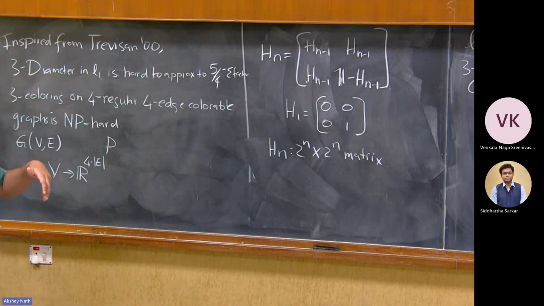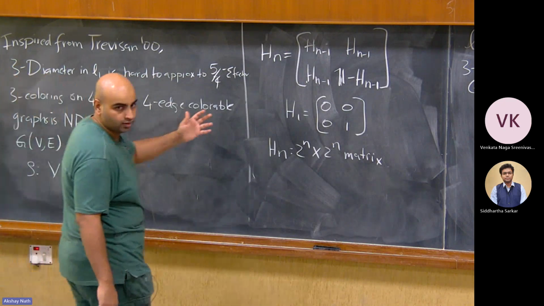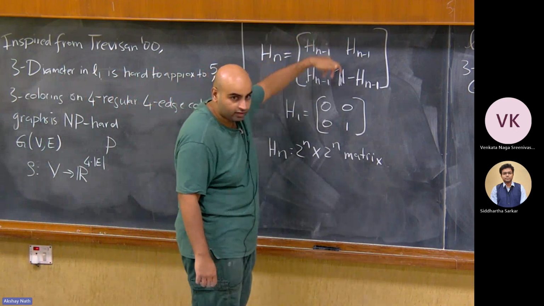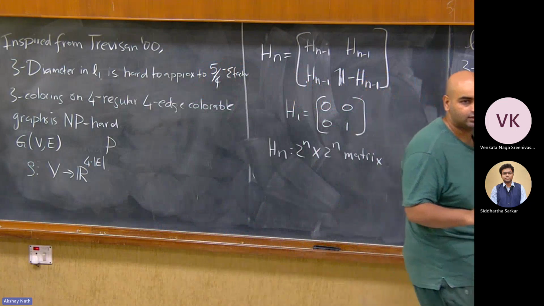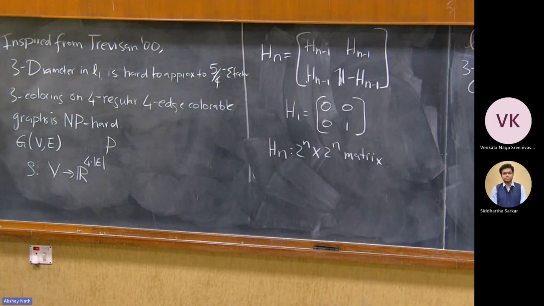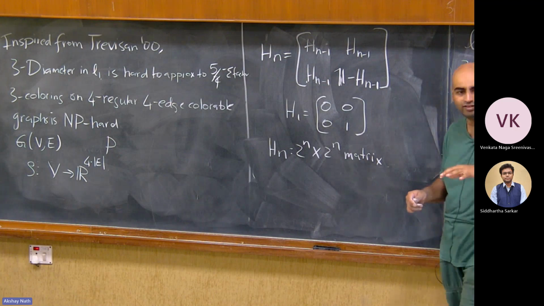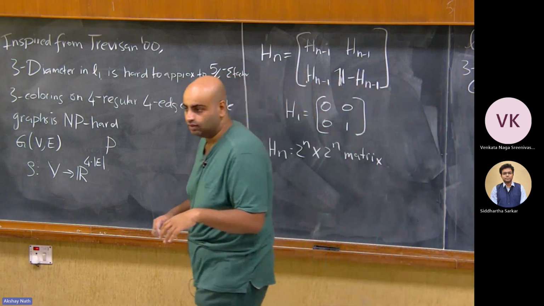Now you look at the rows or columns, it doesn't matter which, because it's symmetric. Those are the vectors that we are interested in. So you're interested in 2 to the n vectors in 2 to the n dimensional space. I'm going to think of 2 to the n as n. So you're interested in n vectors in n dimensional space.